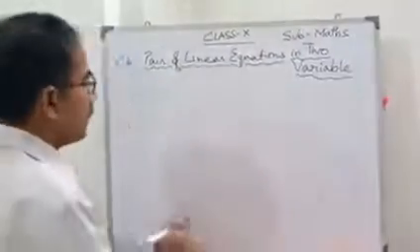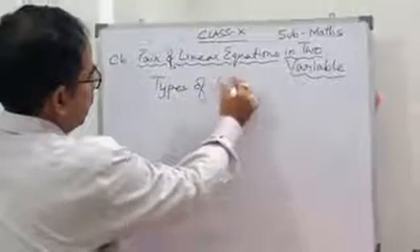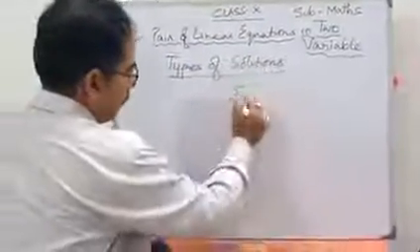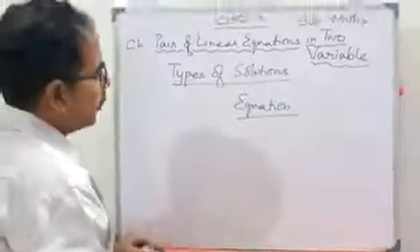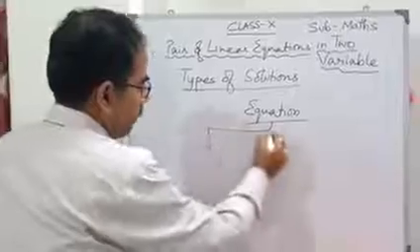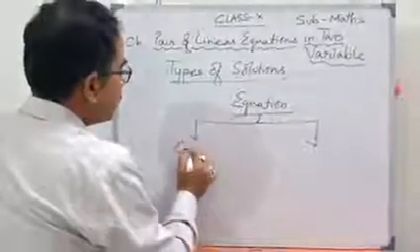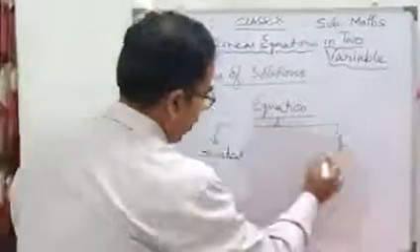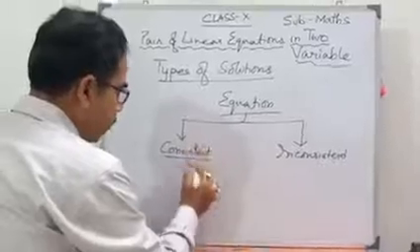So after that we will study about the types of solution. Types of solution. Now look here, students, very carefully. Equation. On the basis of this chapter only I am talking. It has been divided into two parts. First one is consistent and another one is inconsistent. Consistent has two parts.